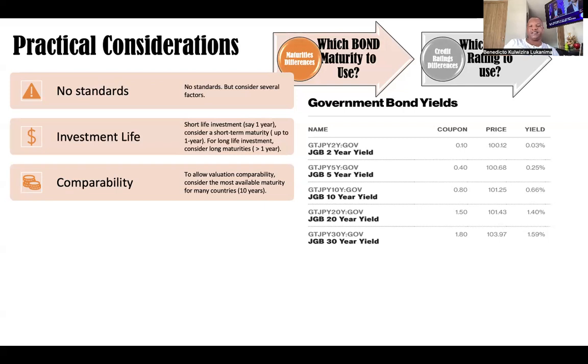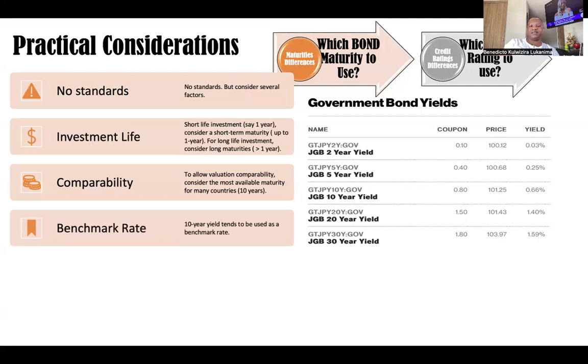It is possible to have a 10-year bond yield for almost every country with bonds, but not necessarily to find a 2-year bond or a 5 or a 7 or other maturities. So normally a 10-year bond yield tends to be used as a benchmark rate for many government securities. It is therefore probably, to me, the most preferable.